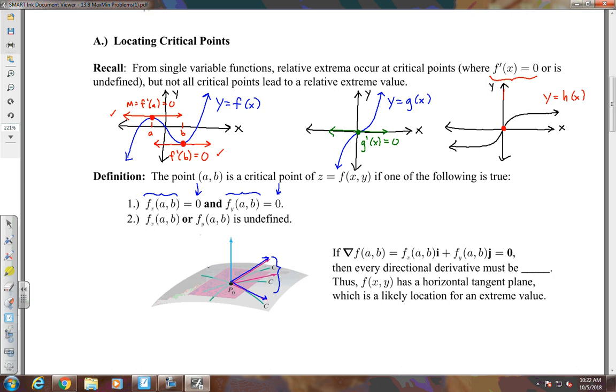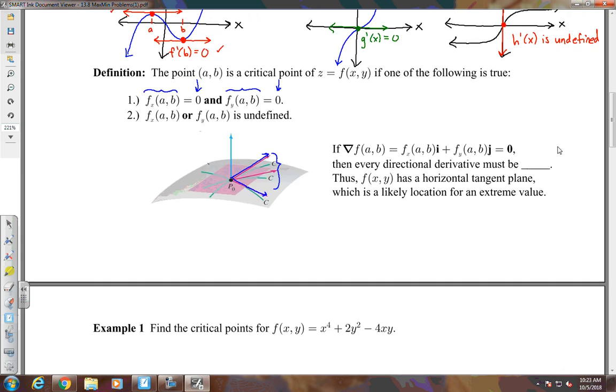If my tangent line is vertical, h prime of x is undefined. Okay, so that takes care of that requirement right there. Okay, so we're going to look at this also as part of our search for critical points for the surface.